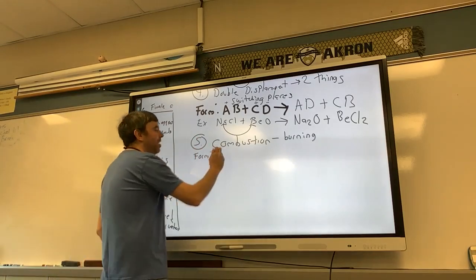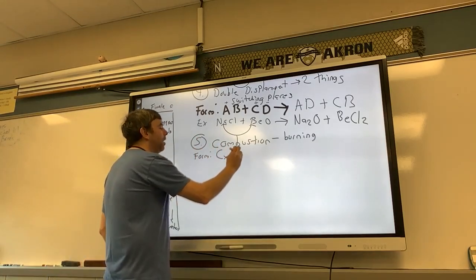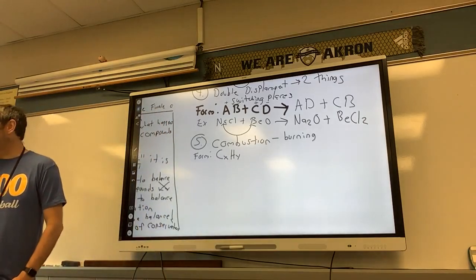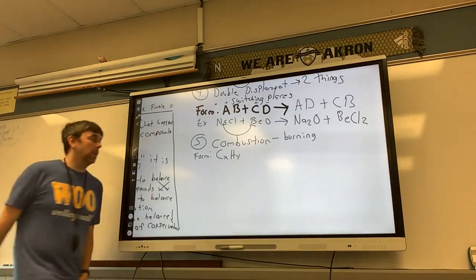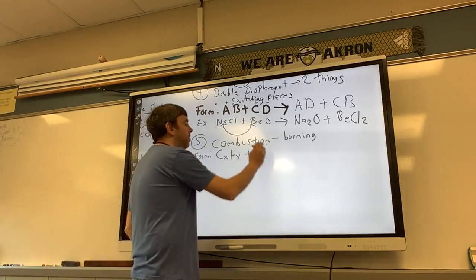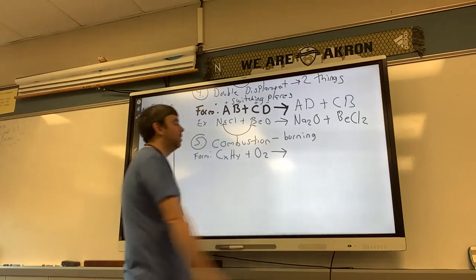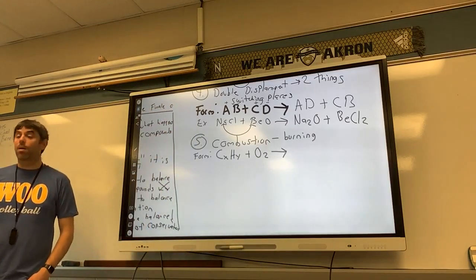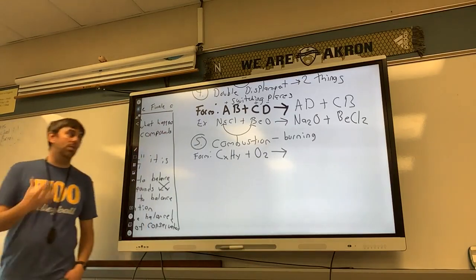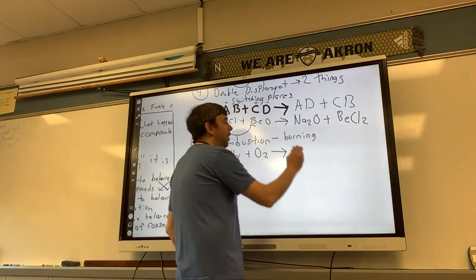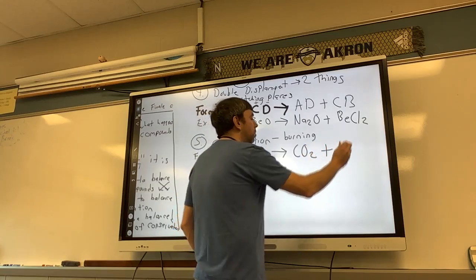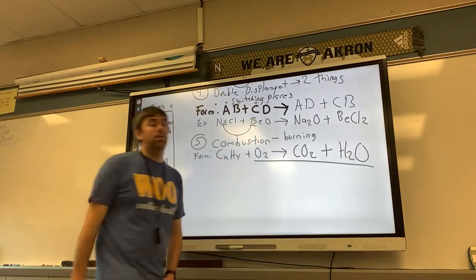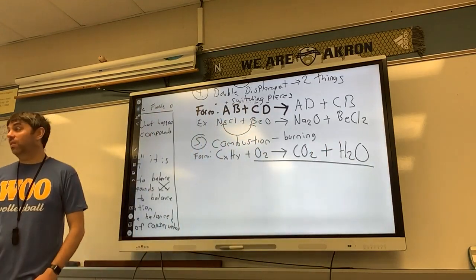So here's the form. Any carbon hydrogen compound, so CxHy. That could be any carbon hydrogen compound. In order to burn something, you must have oxygen, plus O2. And the products are always the same on combustion, so it's super easy to identify. It's always CO2 plus H2O. Those last three things are always the same every single time.